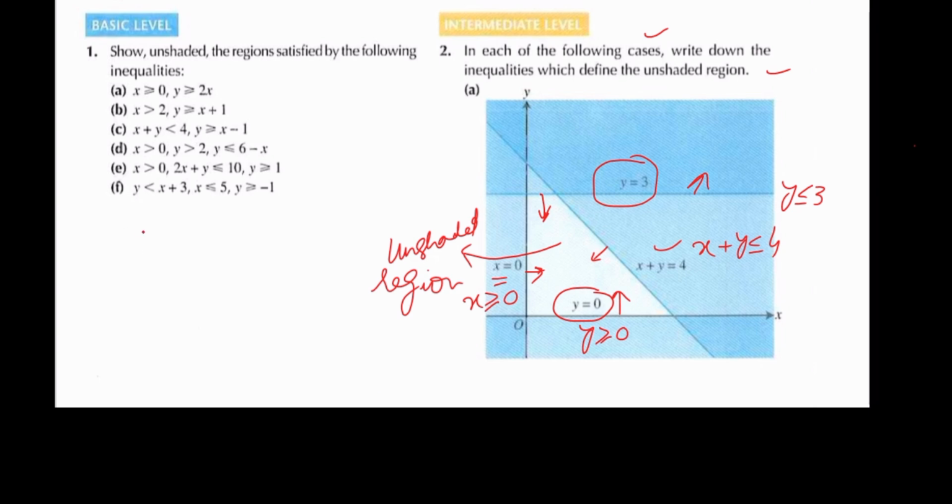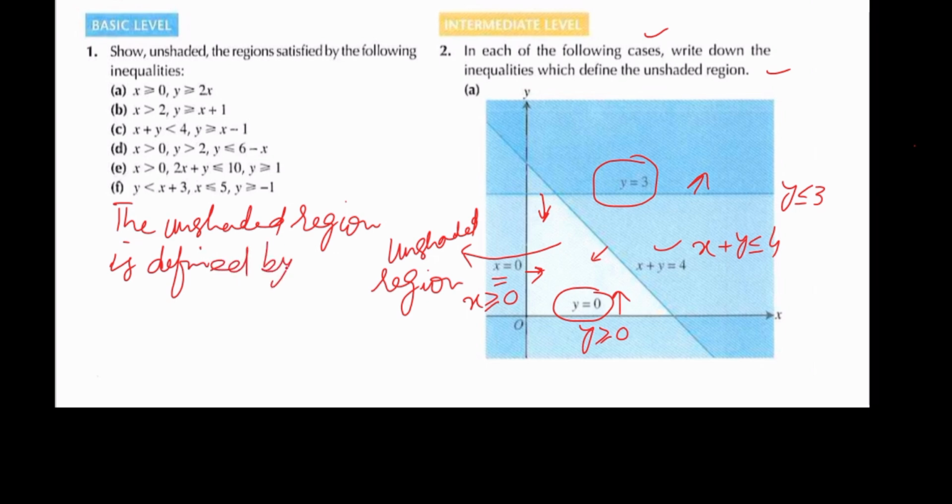So, we will write here, the unshaded region is defined by the four inequalities.